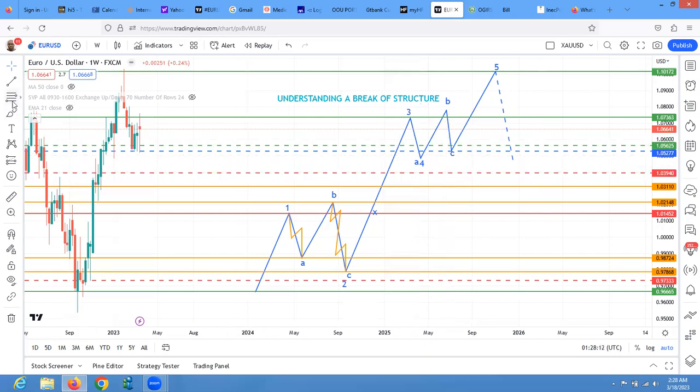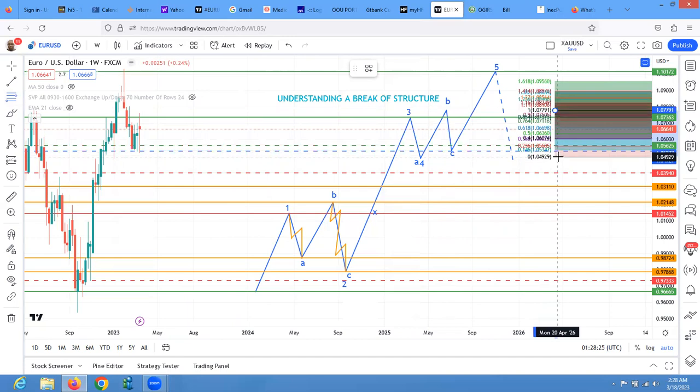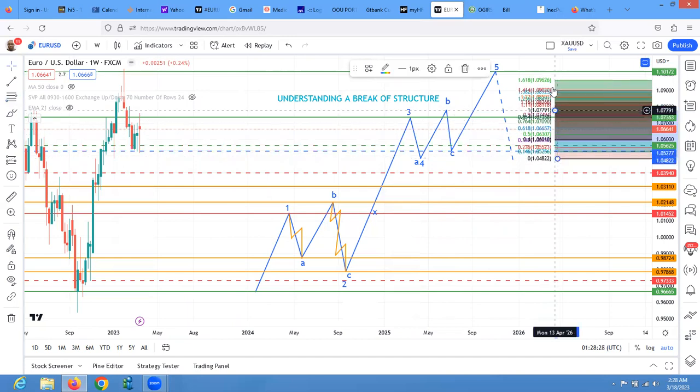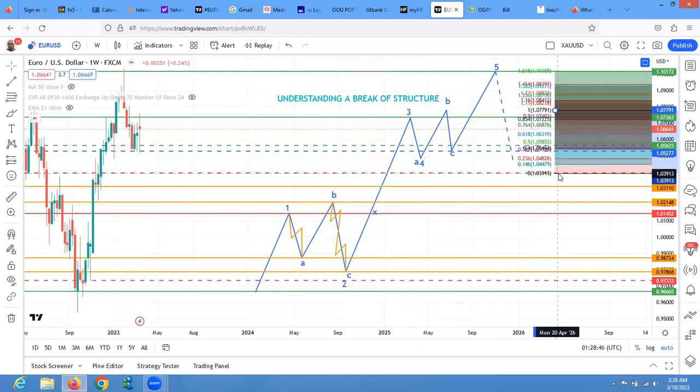So if you want to do an extension, this is where 4 from B, which is the highest, down to the lowest, and you do this, you will think that this is where 161.8 is, that price may fall anytime, and price is breaking above. You must know that you must go to the limit of where you think 4 should be, which is this red that I showed us the other time. And when you take it, you must know that the price can still get to this point.